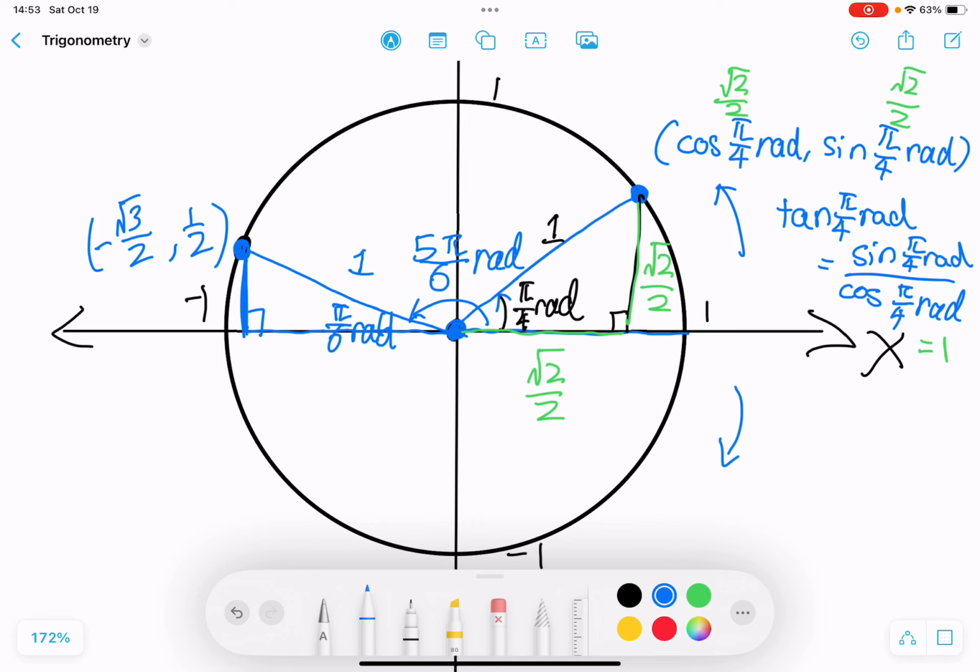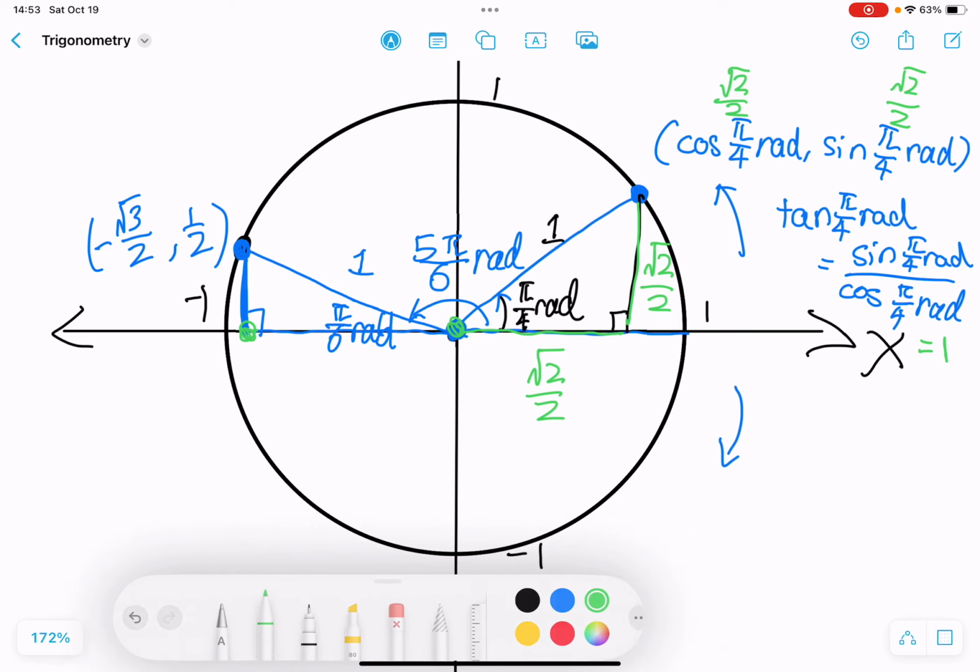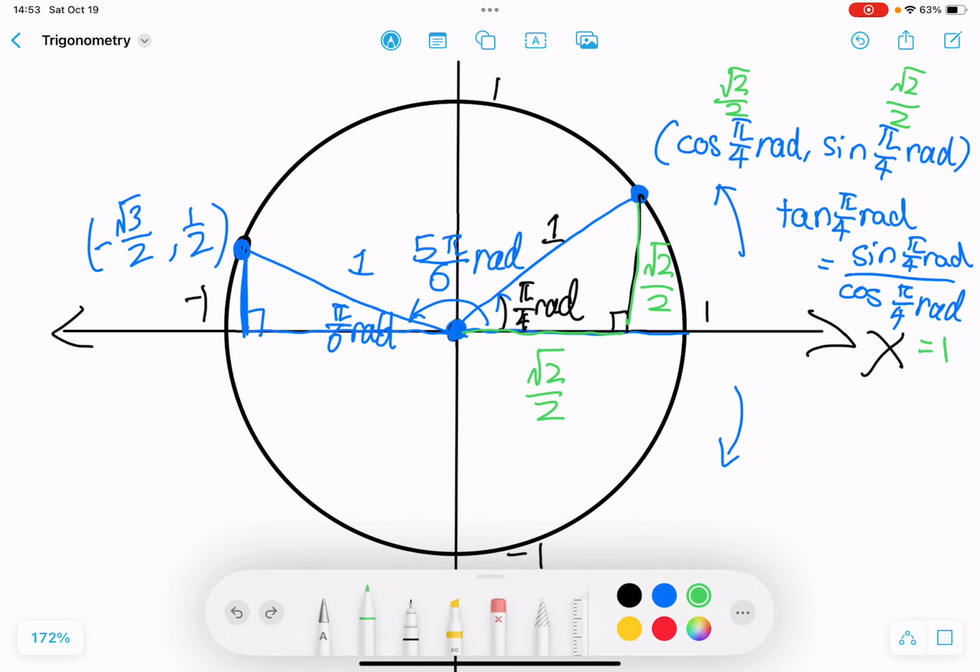Why negative? Because we know that side lengths all have to be positive. But we're in the second quadrant. We're using a coordinate plane. There's negatives. We're in the second quadrant, so the x-coordinate must be negative. So it's a negative of the side length, because the side length is just the absolute value of the coordinate. The side length from this dot to this dot is basically the distance that this point is from the center.